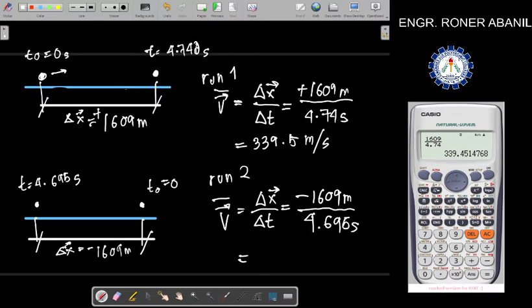So, magiging 1609 divided by 4.695. Magiging 342.7 meters per second. So, yan.